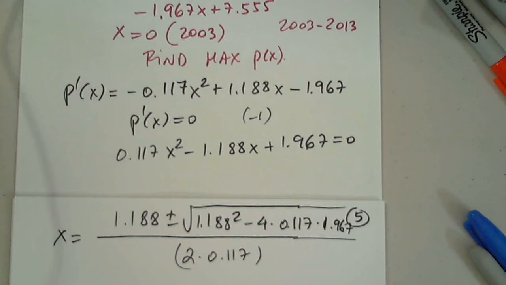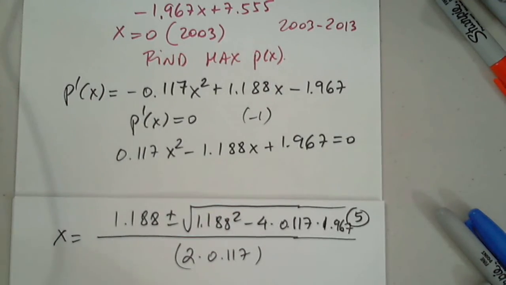Close the parenthesis, go outside, close the parenthesis, and divide in parentheses by 2 times 0.117, close the parenthesis, and just redo and overwrite right here, minus. Okay, so I got that x equals 8.1 and x equals 2.1.